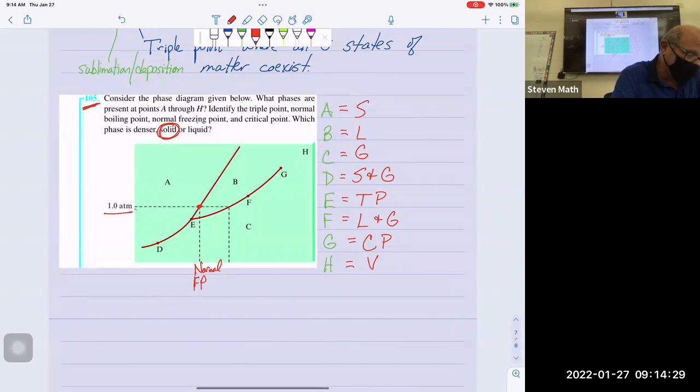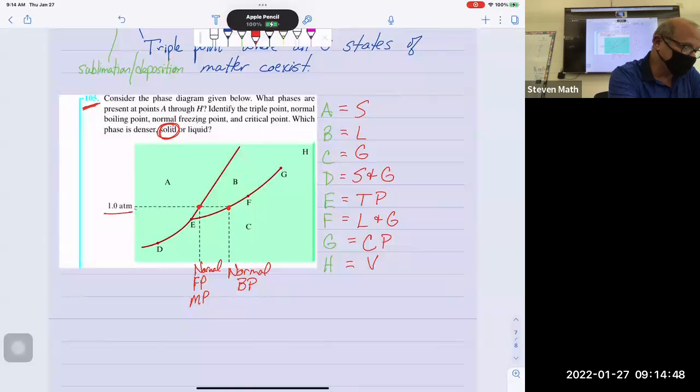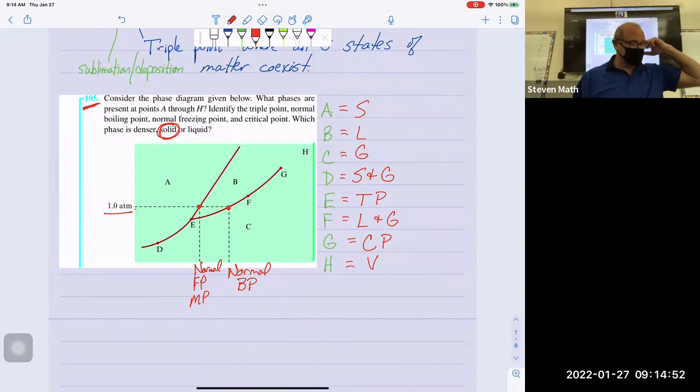And here is the line between liquid and vapor. So that's the normal boiling point. Yes, freezing point is the same as melting point. They used freezing. They're both perfectly fine.